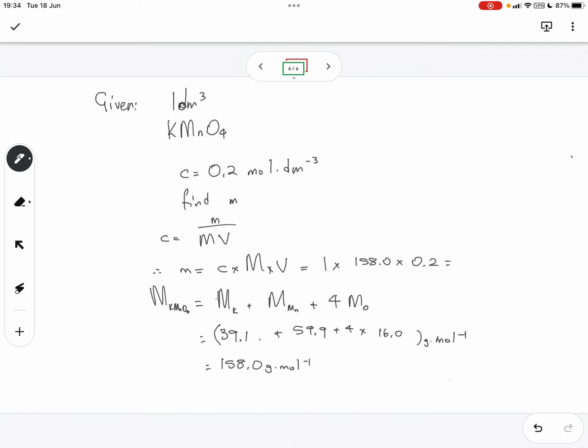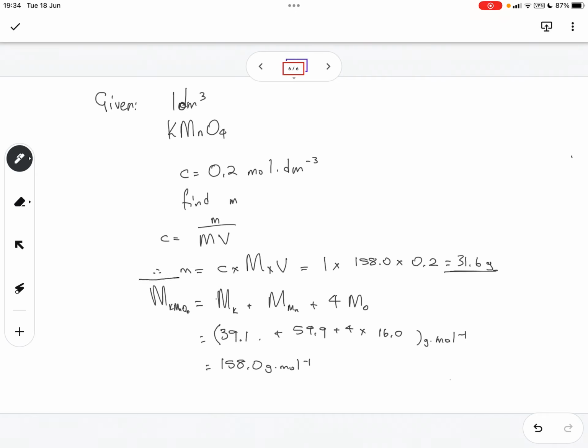And our answer is going to be, I hope I got it right, 31.6 grams. So the mass of potassium permanganate that we need to make 1 liter of a concentration of 0.2 moles per dm cubed, we're going to need 31.6 grams of potassium permanganate.